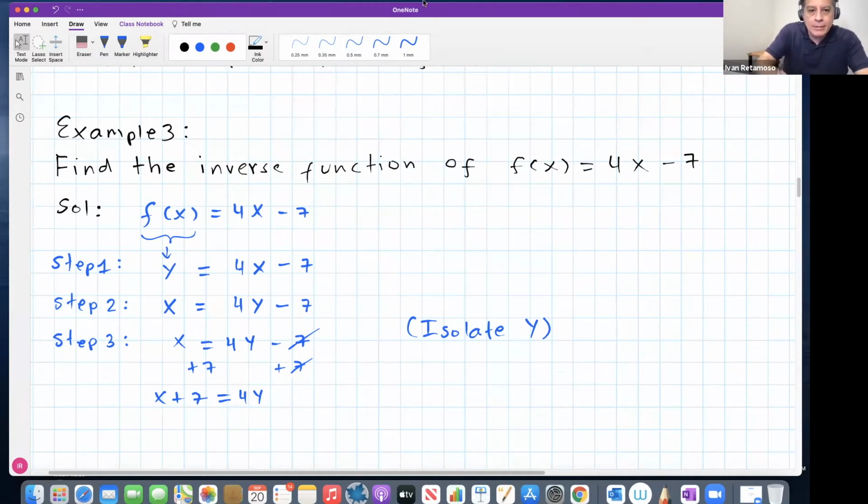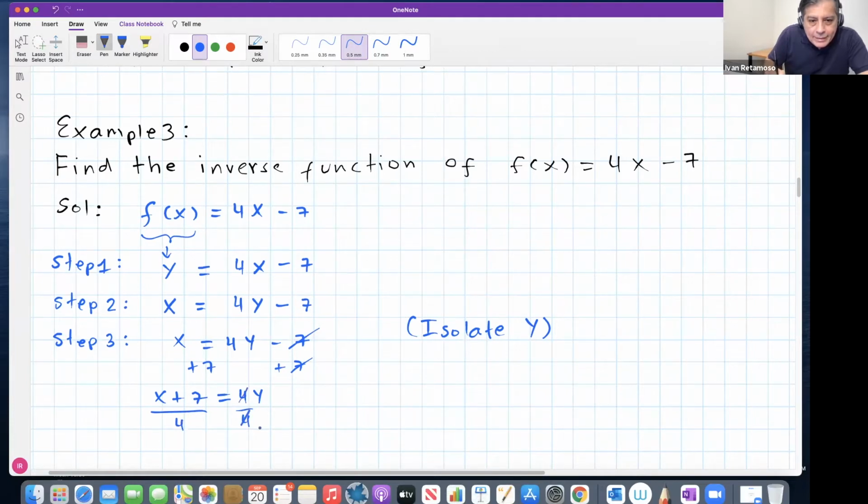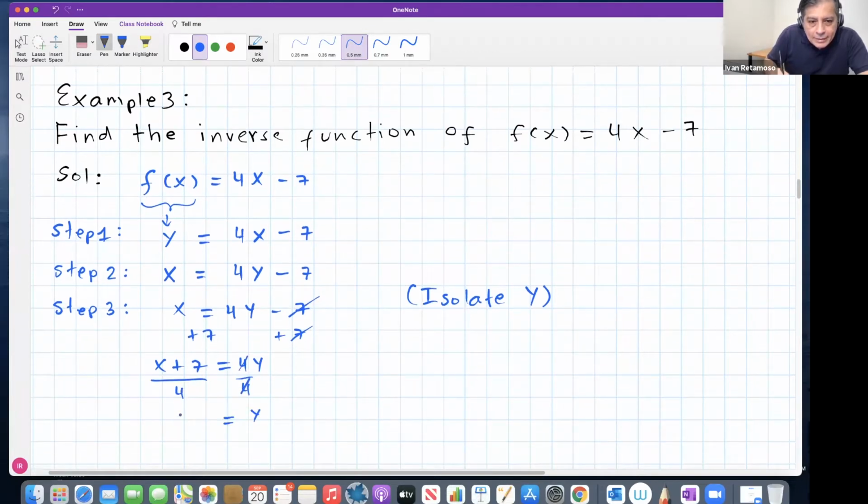Divide both sides by what number? Yeah, very good, by 4. Excellent, right? Great, Gabriela. Very, very good. So dividing by 4 both sides, you're going to accomplish the following. Look, y equals this guy, x plus 7 over 4. Y completely isolated, right?